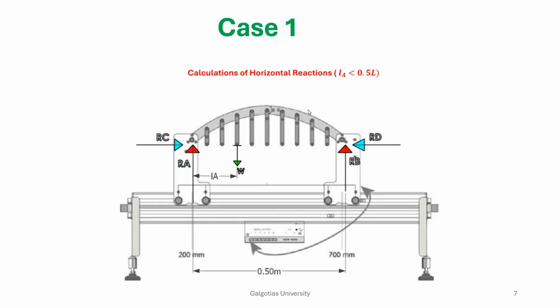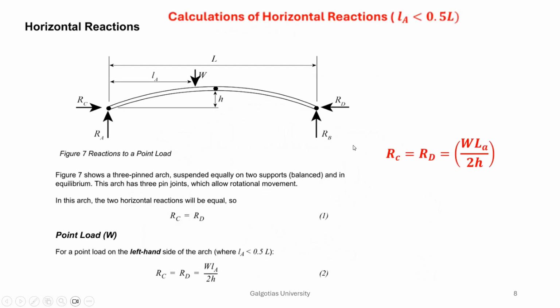So you can see that for case 1, this LA is less than L by 2, and for this the formula is derived as WLA by 2H, where H is the rise of the crown, and W is the load applied, and these RC, RA, RB, and RD are the reactions.